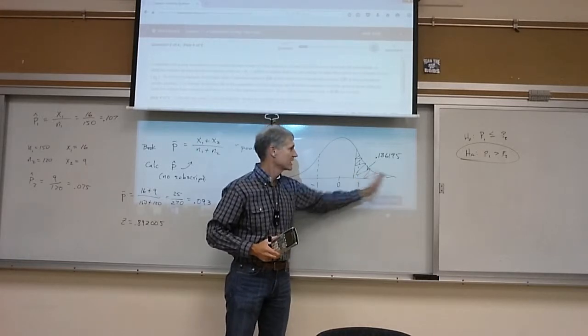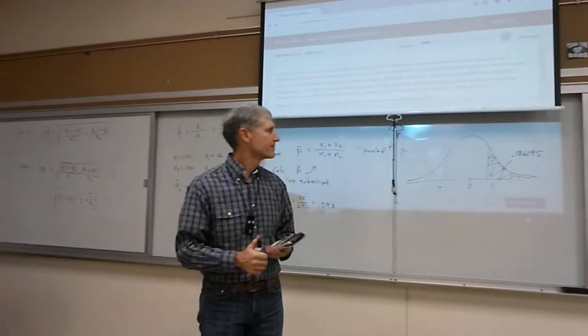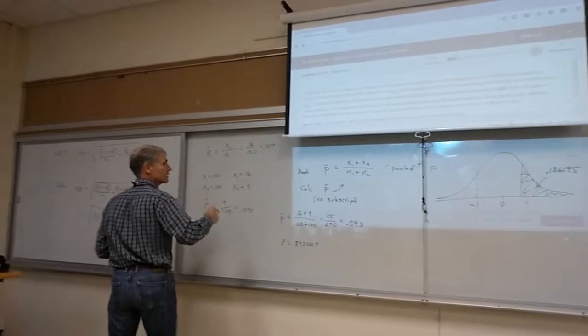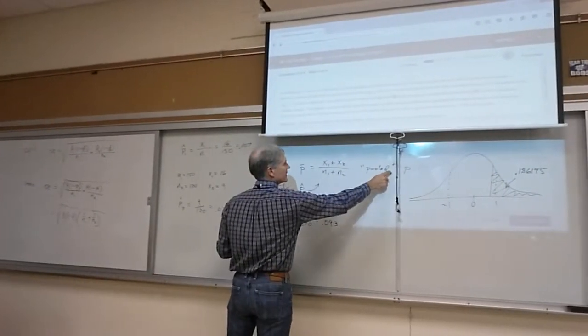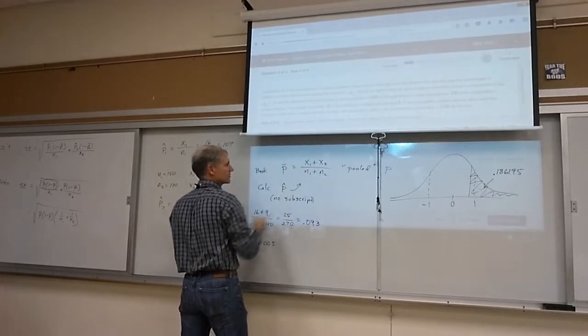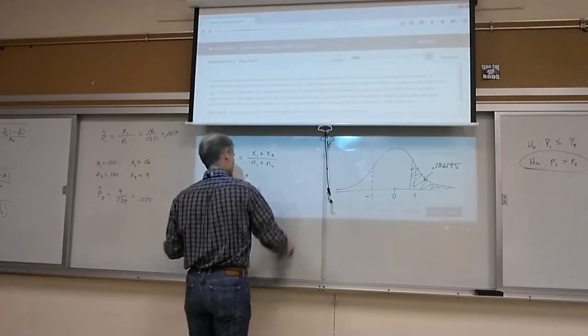So it's just the shaded area out past the test statistic. Okay, so let's go ahead and enter, and I want to use that picture for the next part of this. So I guess let me just erase this and we can look at it on the screen there.